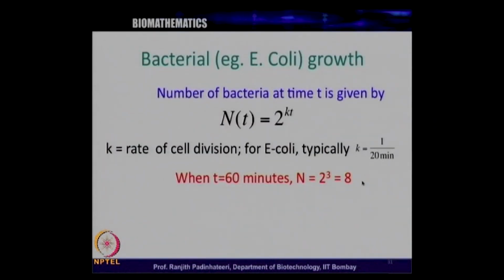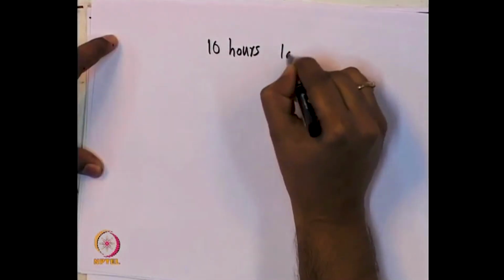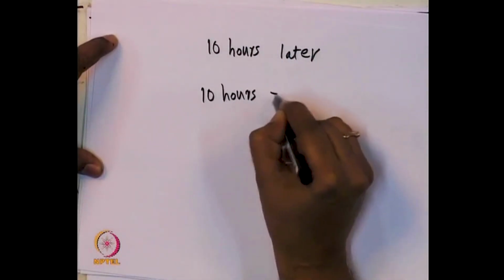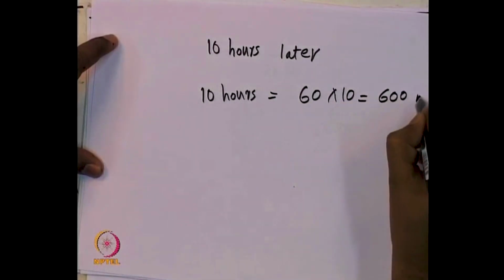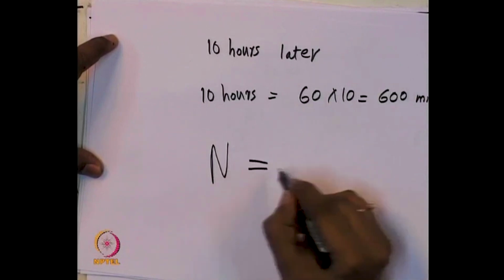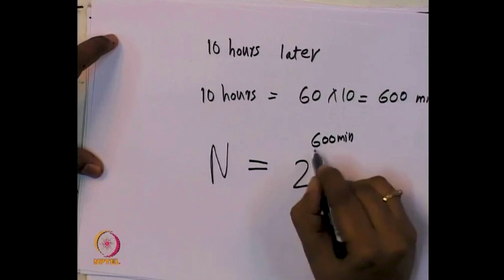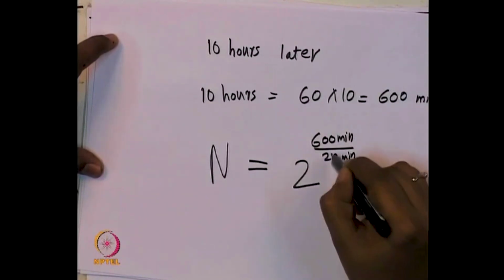You can extend this and ask this question after many hours, let us say after 10 hours. 10 hours is 60 into 10, which is 600 minutes. So, the number after 10 hours will be 2 power 600 minutes divided by 20 minutes.